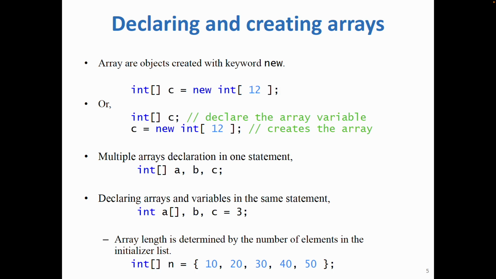But in this one, I allocate the memory for 5 integers, and I also fill them: 10, 20, 30, 40, and 50. So in one line, I can also initialize and put the values that I want. But in the other one, it is just an empty array. The location is allocated, but it is empty yet.